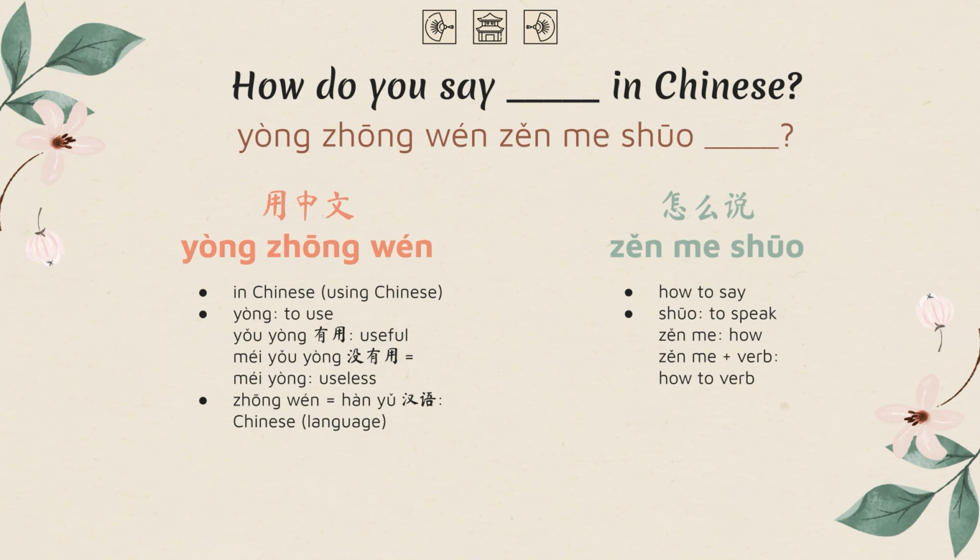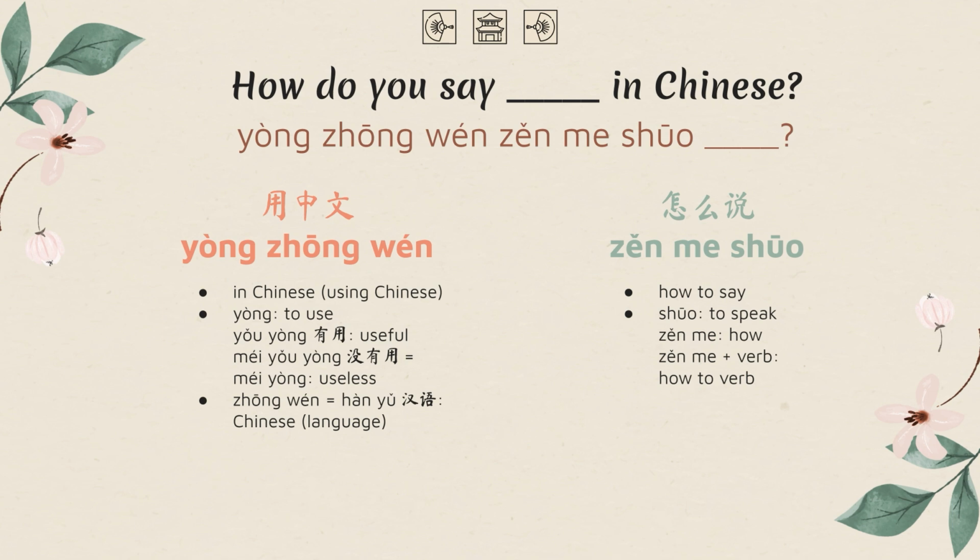So if you don't know how to say apple in Chinese, you would say 用中文怎么说 apple. You could also switch the word order around and say something like apple 用中文怎么说. Or you can even insert the word that you want to know in the middle and it becomes 用中文 apple 怎么说.